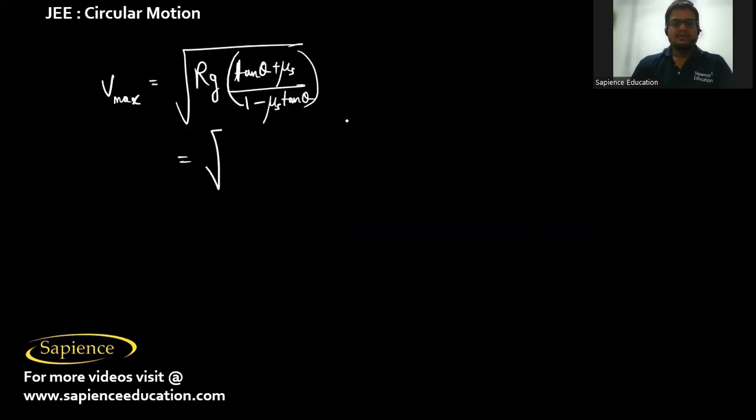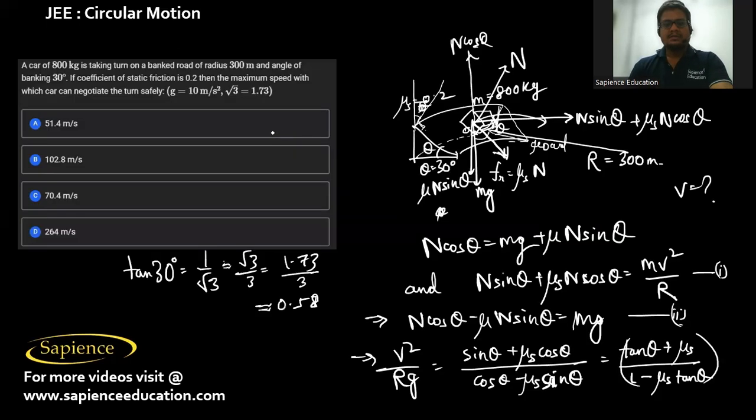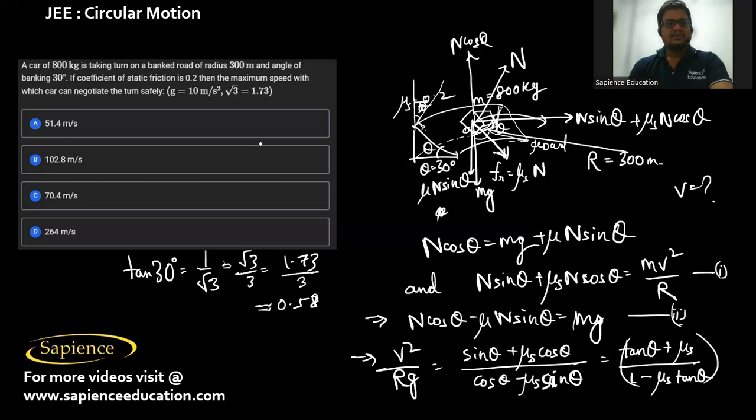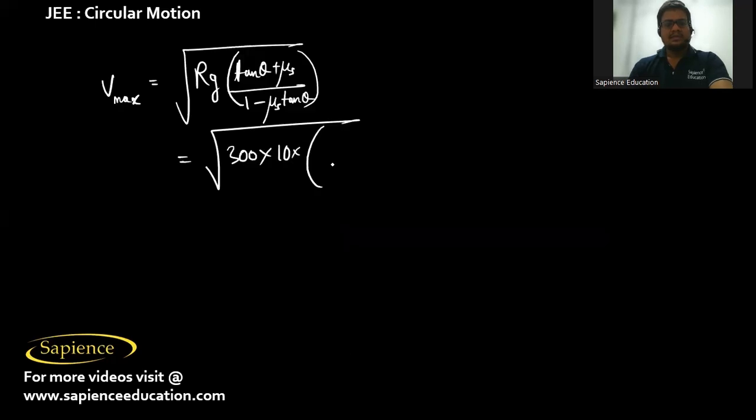So this will be equal to root over r, the radius is 300 meter, g that is 10, and tan theta is 0.58 plus mu s is 0.2 divided by 1 minus mu s, that is 0.2 into tan theta, that is 0.58.